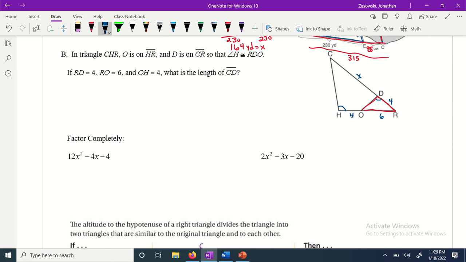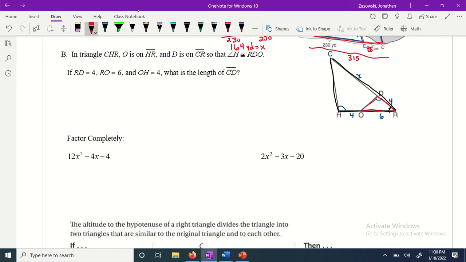Now, what we really have in this question is two similar triangles again, okay? And the reason we know that is because these two triangles, the really big triangle all the way around here and the triangle that we've outlined in red, share this angle, and they have these angles congruent.